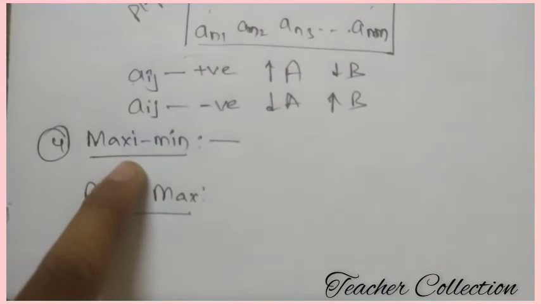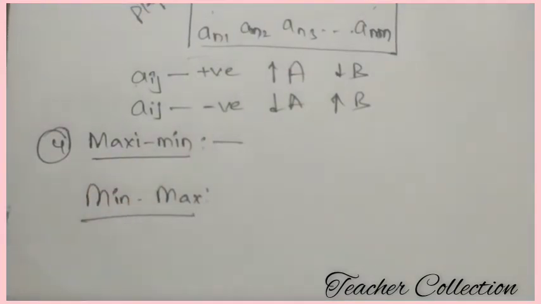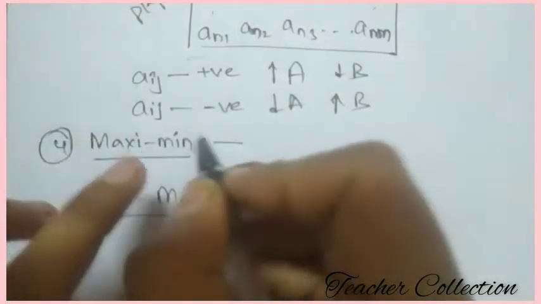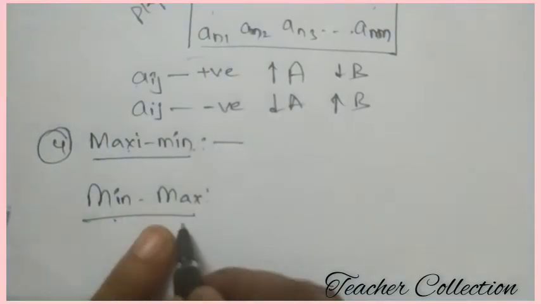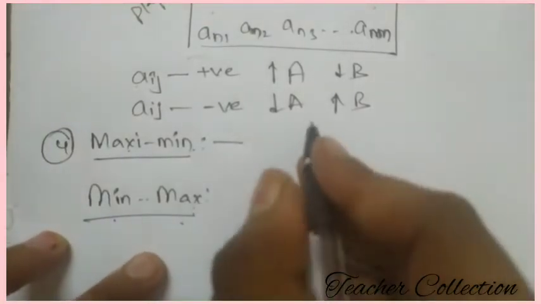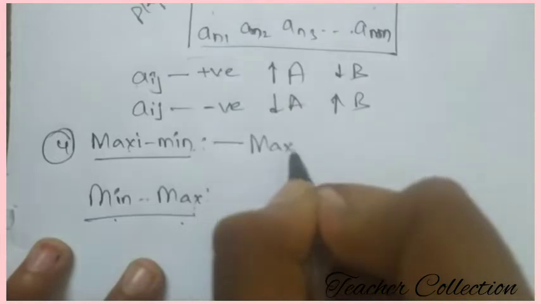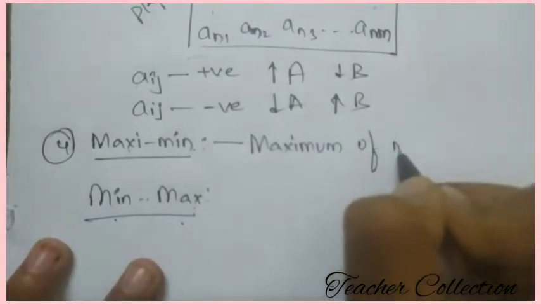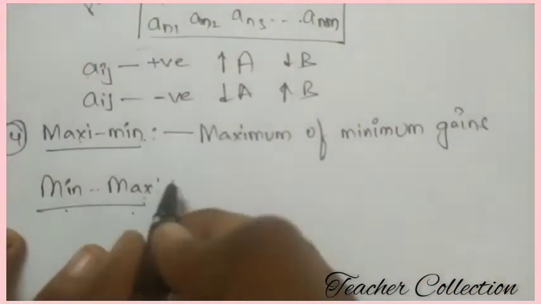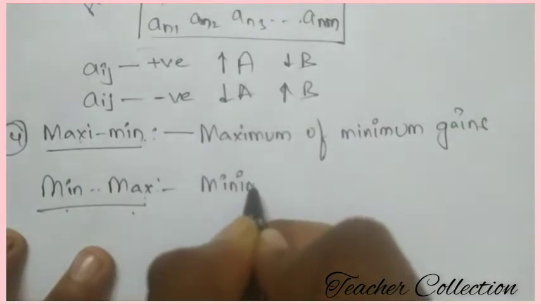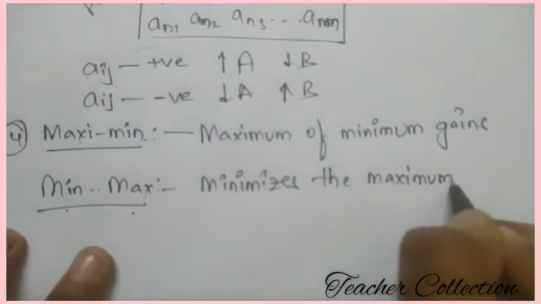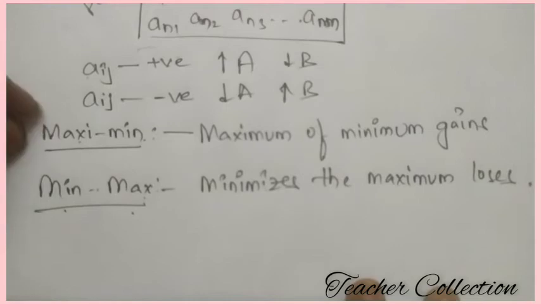Maximin maximizes the minimum guaranteed gains of player A, or we can say the maximum of minimum gains is called maximin, and the minimum of maximum losses is called min-max. It minimizes the maximum losses.